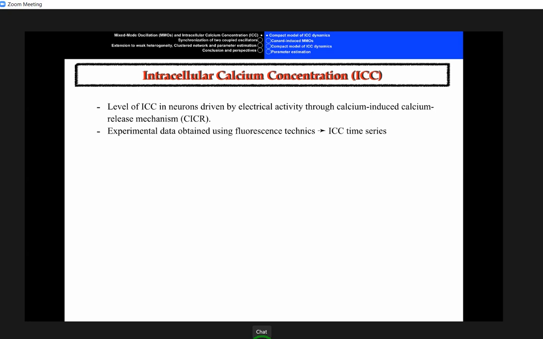The level of intracellular calcium in neurons is directly driven by electrical activity through a mechanism called calcium-induced calcium release. What is quite simple with intracellular calcium is that experimental data can be obtained using fluorescence techniques, and from that we recover calcium time series.